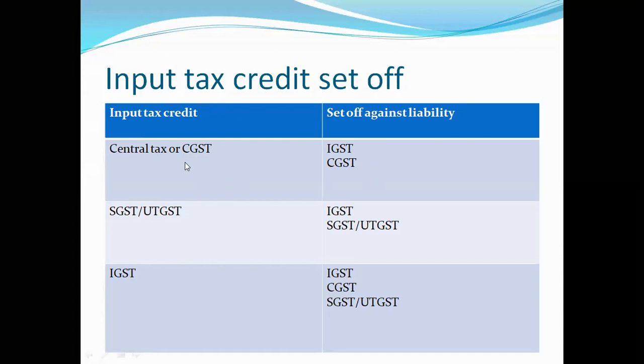Okay, only CGST to IGST and CGST. SGST to IGST and SGST. IGST to IGST, CGST and SGST. And this is the order you have to maintain. First, you see that the balance of CGST should be utilized for payment of CGST, SGST to SGST, IGST to IGST.